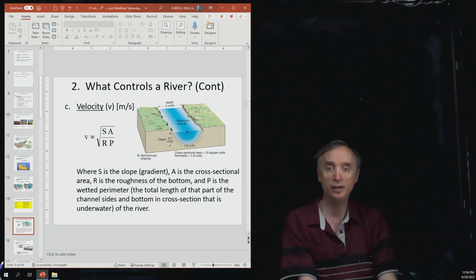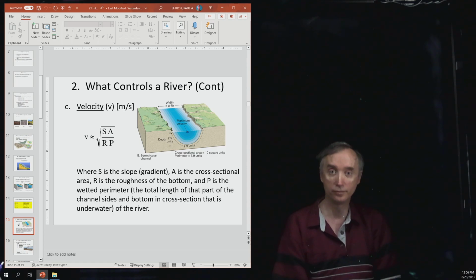But V, the speed of the river, is equal to the square root, and S is the slope of the ground, which you now know what slope is. A is the cross-sectional area of the river. R is the roughness of the bottom of the river channel, and P is the wetted perimeter. All of those are defined there.